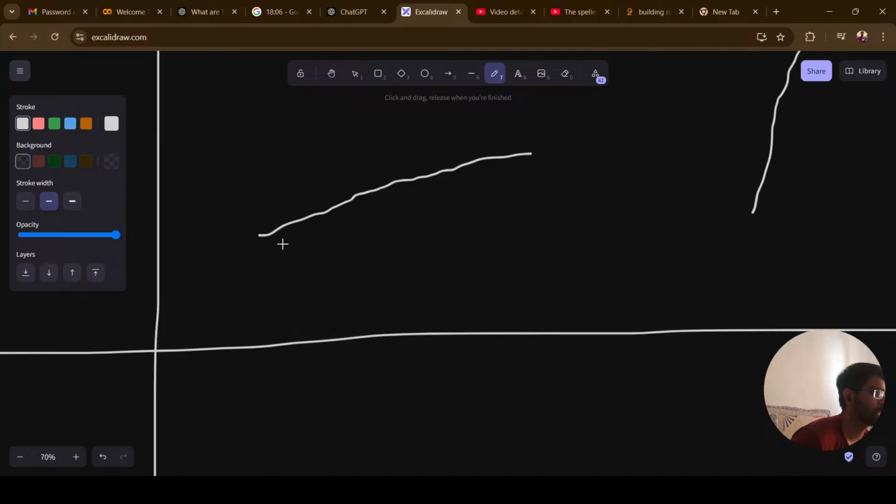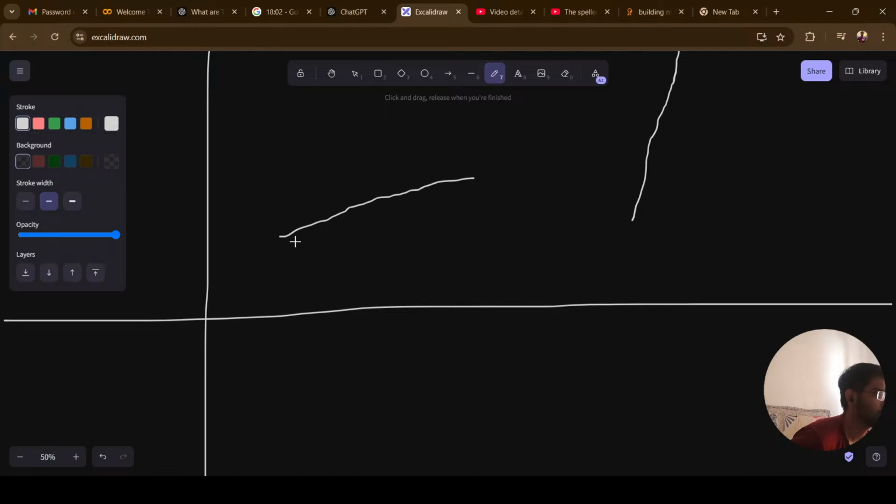So what he is telling us is that if I walk this much distance, for a simpler approach, then the increase in height will be this much only.